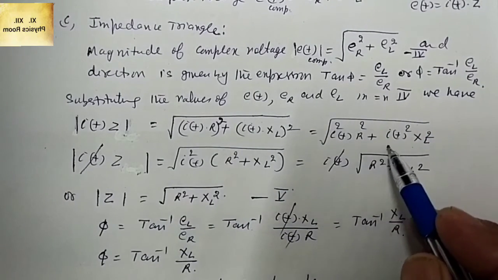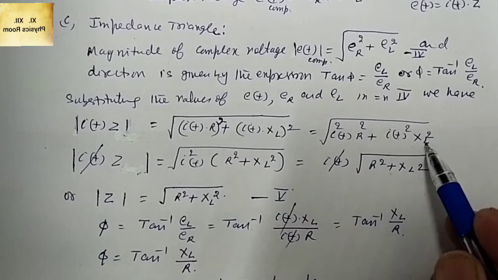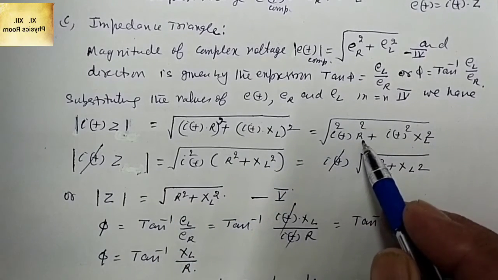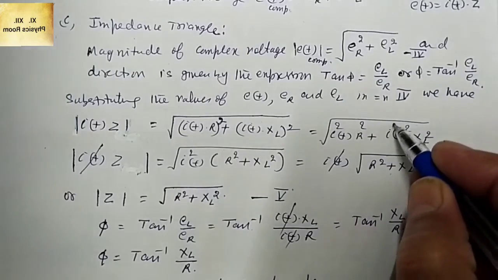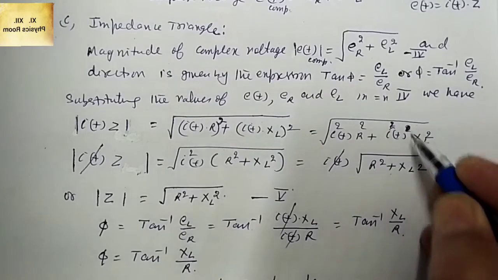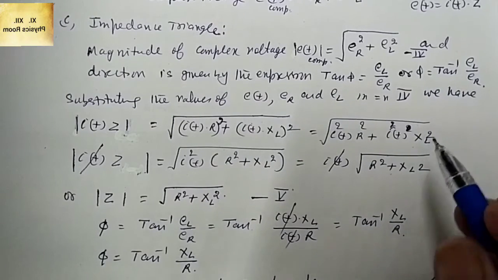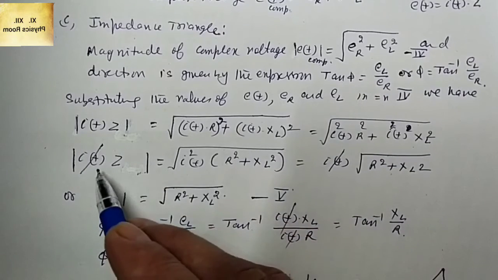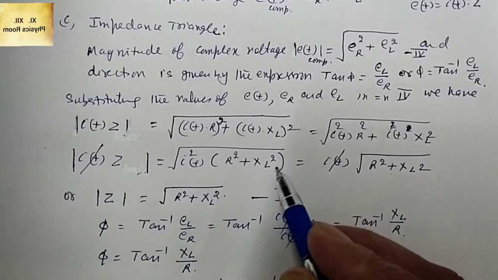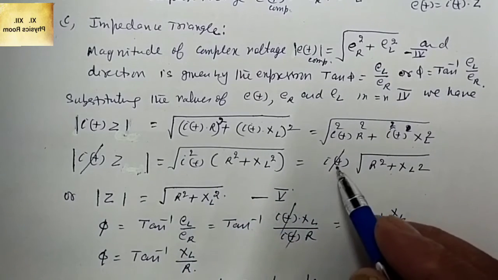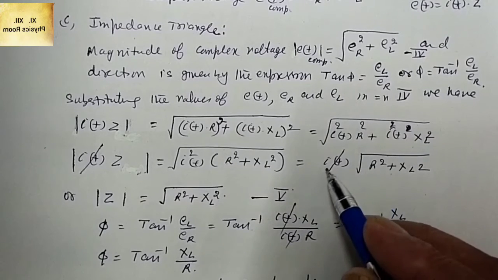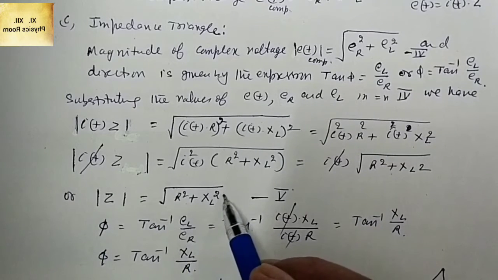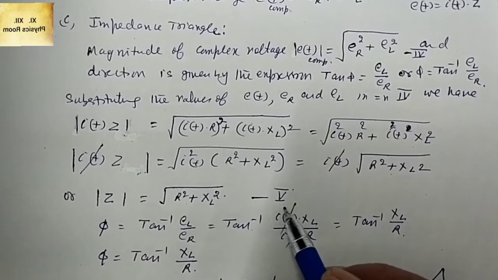So I(t) Z is equal to the square root of I square t R square plus I square t X_L square. Now we take I square t common, so I(t) Z is equal to the square root of I square t into R square plus X_L square. Taking I(t) out of the square root, I(t) cancels, so we are left with Z equal to the square root of R square plus X_L square. Let us mark it as equation number 5.